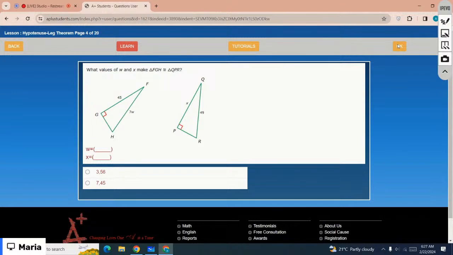Okay, what value of w and x makes FGH and QP congruent? So, which is the correct option?